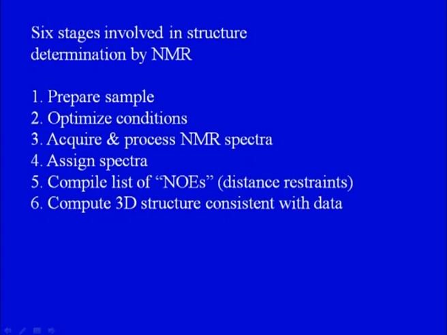Then compile the list of peaks. For example, a 1D NMR, a simple proton NMR, identifies different protons in various chemical or electronic environments, but apart from one dimensional, it could be two dimensional or three dimensional spectroscopy.